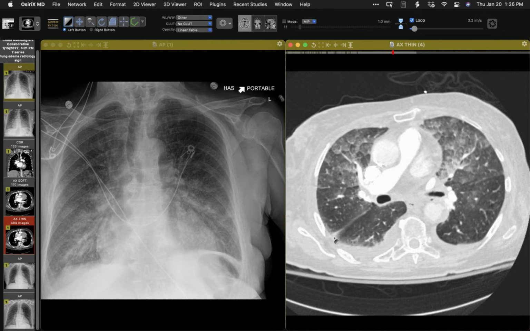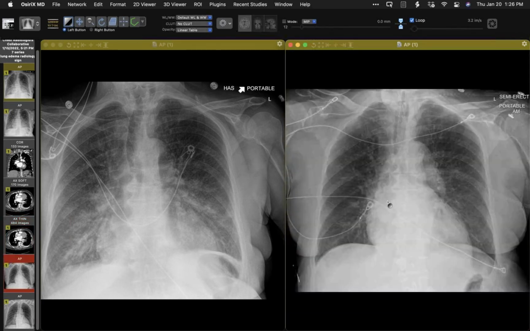And then I checked the chart, and they got loaded with fluids in the ED, and they went into pulmonary edema, and they just happened to have COVID tests. I've been seeing that quite a bit the last few weeks. That's a good skill to have, to be able to see. Yeah.